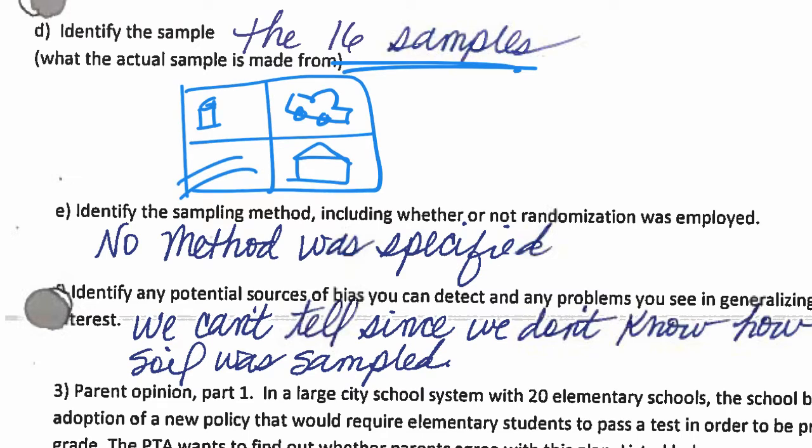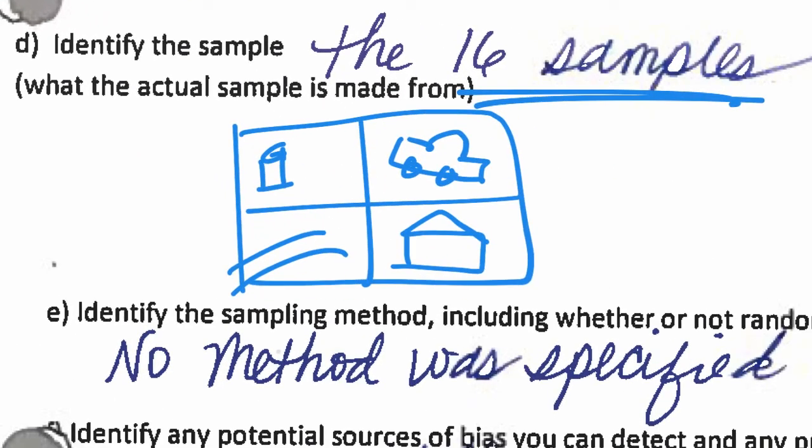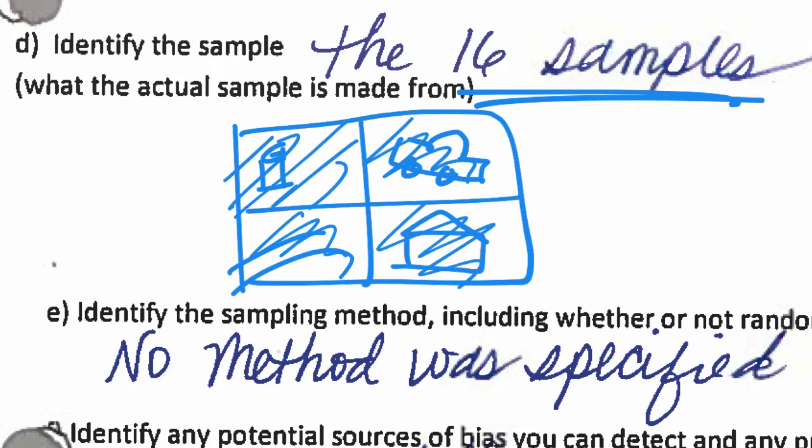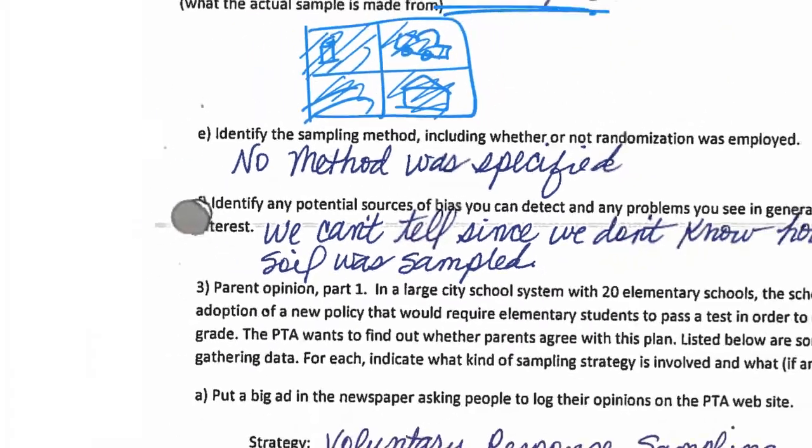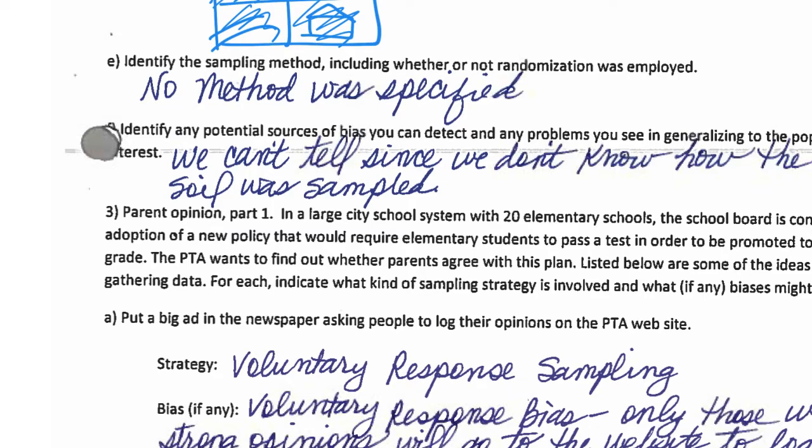If you had a situation like this, you might want to make sure you get some from each of those little quadrants, right? How could you do that? What would that be called? Good, stratify. You would want to stratify so you make sure you get some from this section and this section and this section and this section, maybe 4 from each section. Good. So that's the way you could handle that, so you get a representative sample of the entire waste dump. Good.